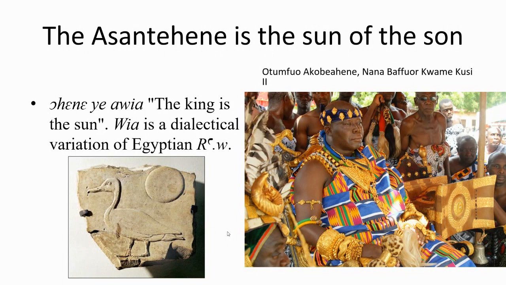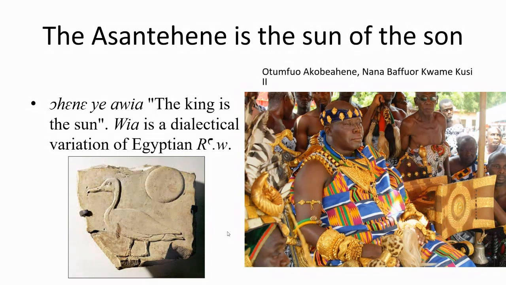So even the king amongst the Asante is considered a sun. The phrase here, Ohene Ye Awia, the king is the sun. Ohene, meaning king, we argue is a dialectical variation of the word Ra. Ohene Ye Awia, the king is Ra. The king is the sun.